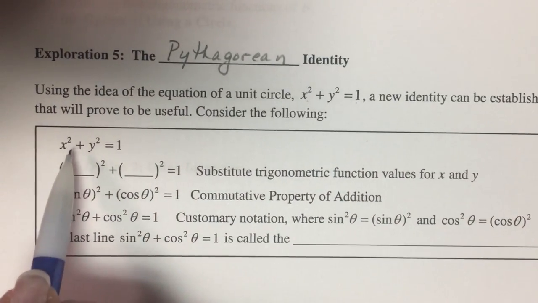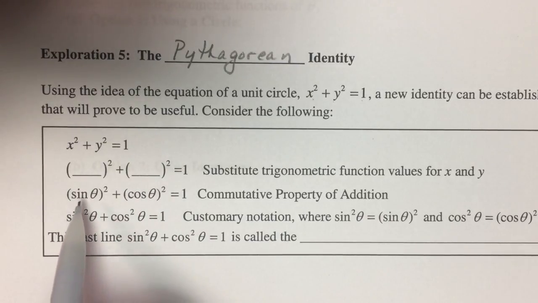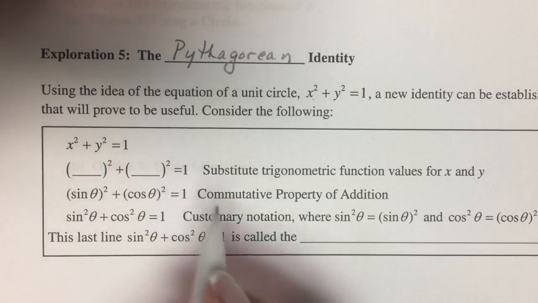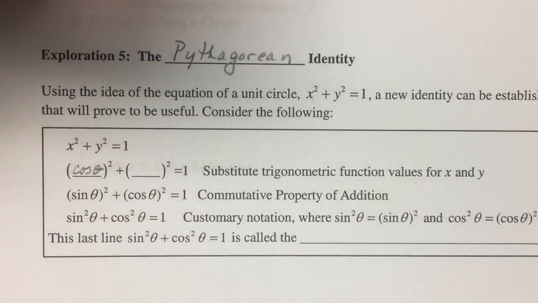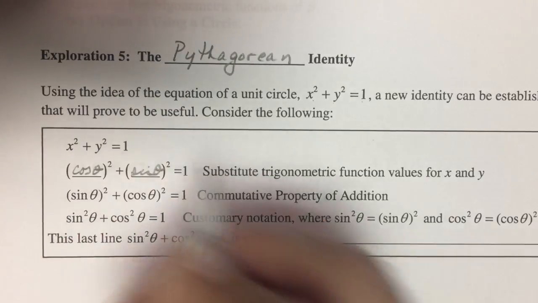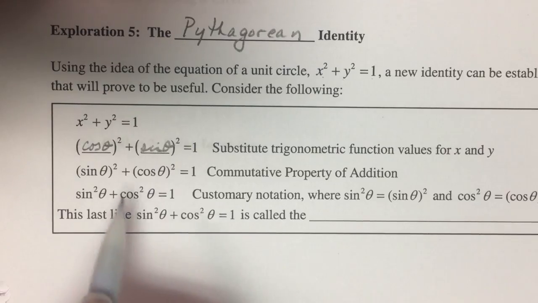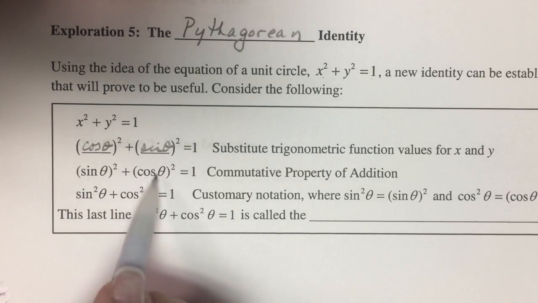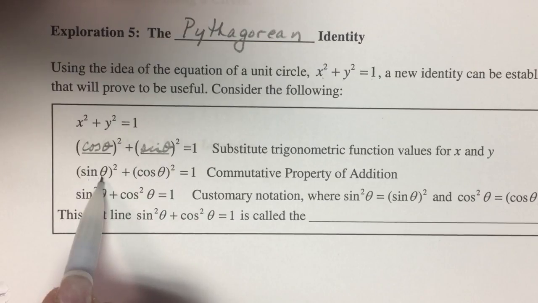So we're starting off with x squared plus y squared equals 1. Now, to translate that into trig, don't forget, x is really cosine theta. We can substitute sine theta in for y. And then here, all they did is they flip-flopped the two things that are being added. That's perfectly legal.